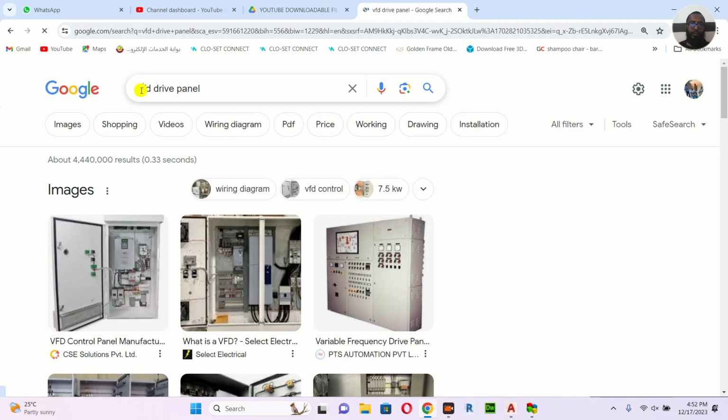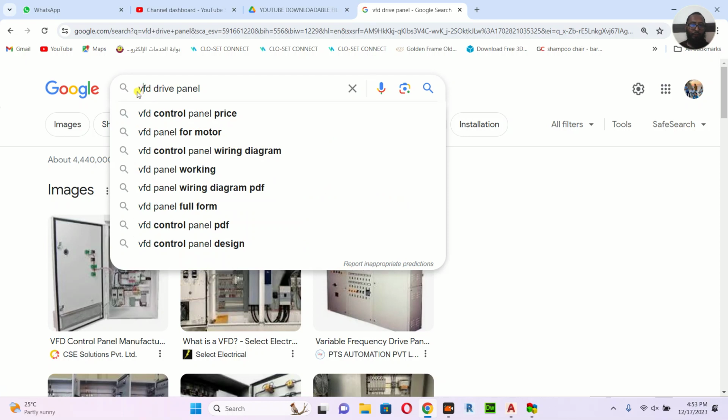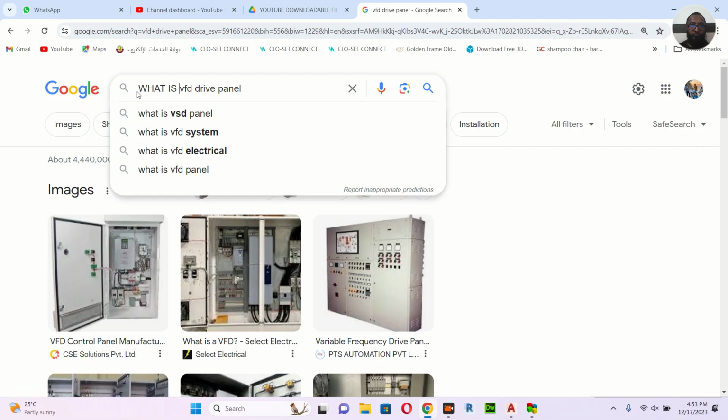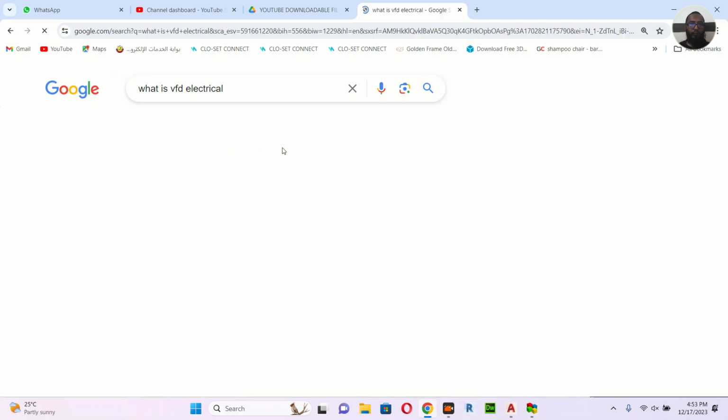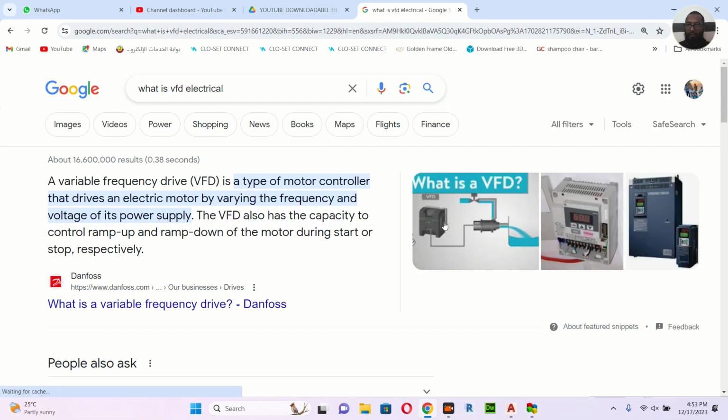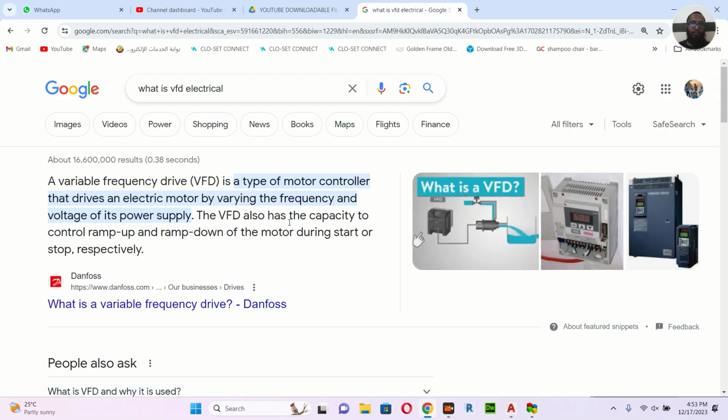So let's type what is a VFD drive panel. Okay, a variable frequency drive. See, they already mention the motor. It's a type of motor controller that drives an electrical motor by varying the frequency and voltage of its power supply.